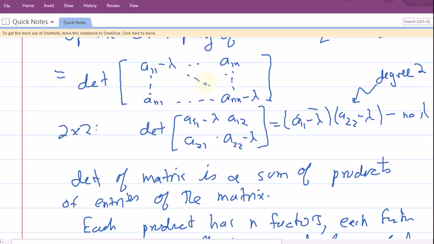If I take all the entries on the diagonal, I'll get a lambda from this one, lambda from the second one, lambda all the way down. There are n lambdas. So when I multiply that together, one of the terms I'm going to get is lambda to the nth. So the contribution of the diagonal to the determinant is going to have a factor of lambda to the n. And every other factor in that determinant expansion has fewer factors of lambda.